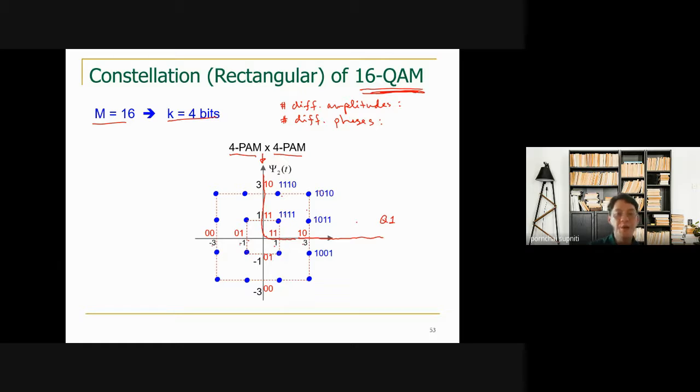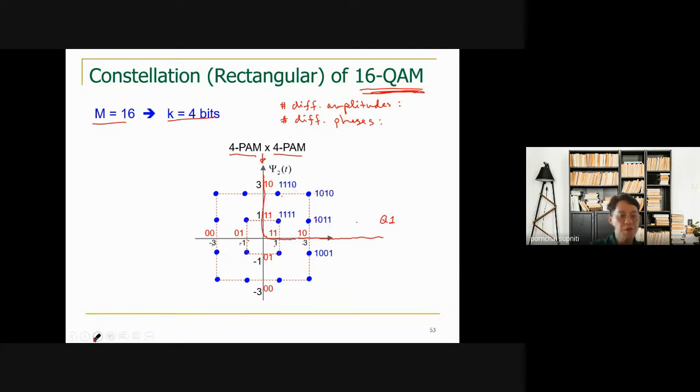How many different amplitudes are there? 16? No, just one quadrant. There are only 4 symbols. In all these 4 symbols, how many different amplitudes are there? How do you measure the amplitude or the size or the magnitude?